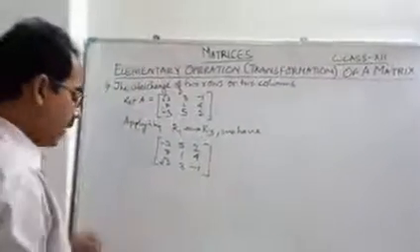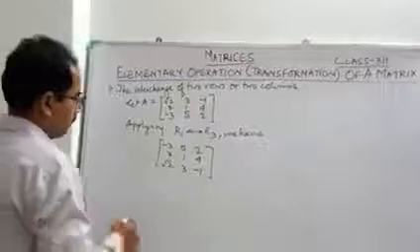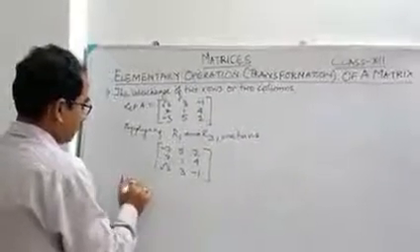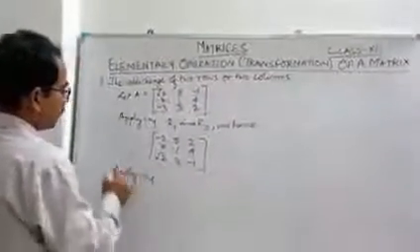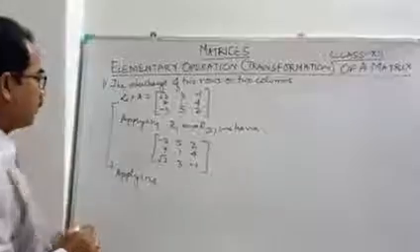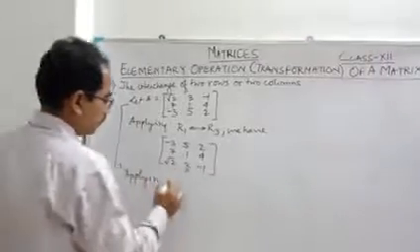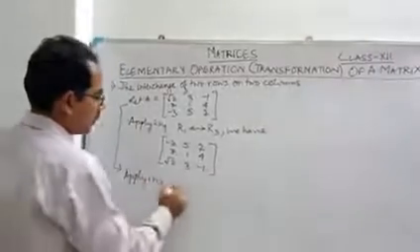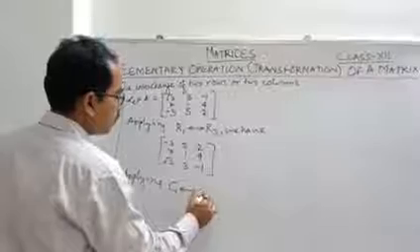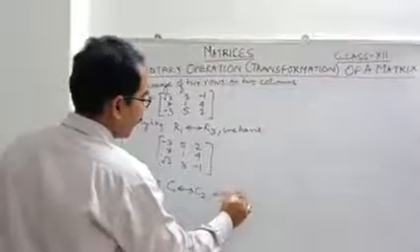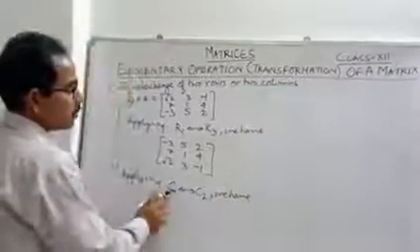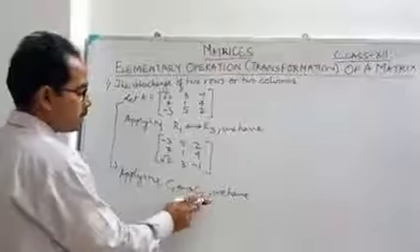Okay, in a similar way, if we do the column, suppose applying C1 tends to C2, then what we have? That means column 1 is changing to column 2 and column 2 changes to column 1.